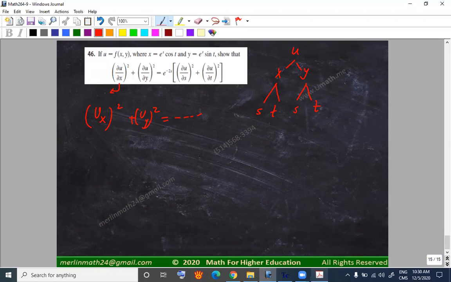Don't touch the right side, by the way, because on the left you should find something and it should match. If it doesn't match, simplify it to let it through. Okay, so let us do it. It doesn't take that much. Ux, how much is ux? Ux is so direct. But you have here us. For you to reach s, you want to do ux xs, ux xt. It's a must.